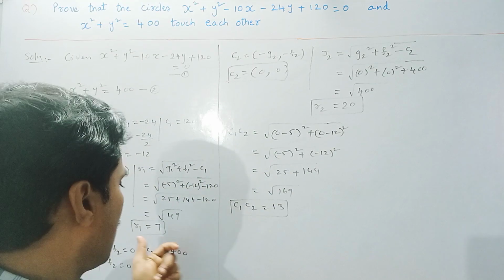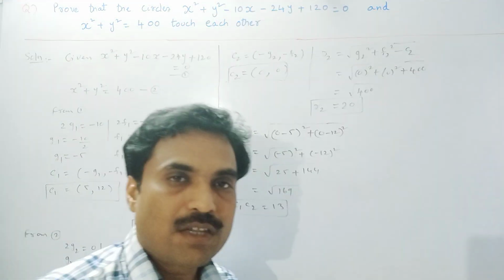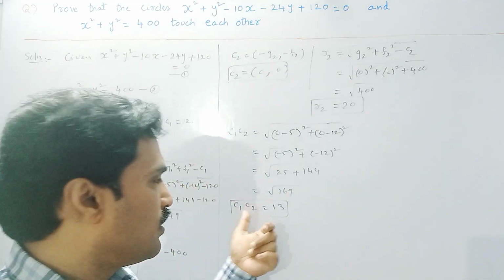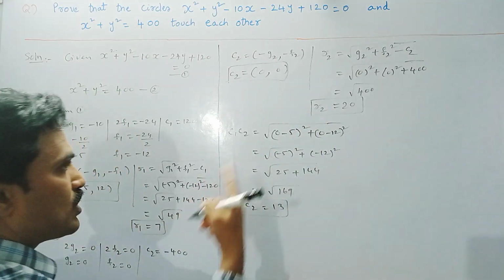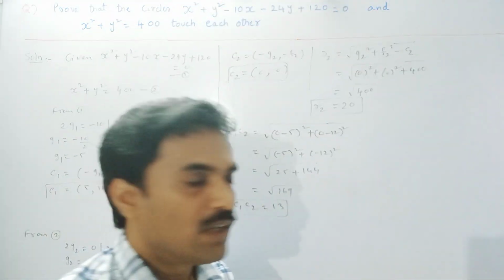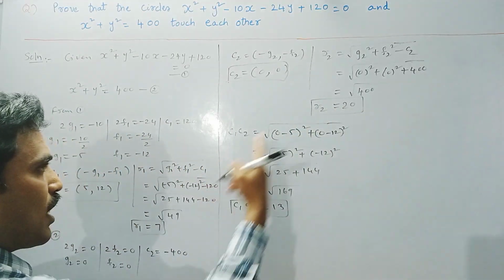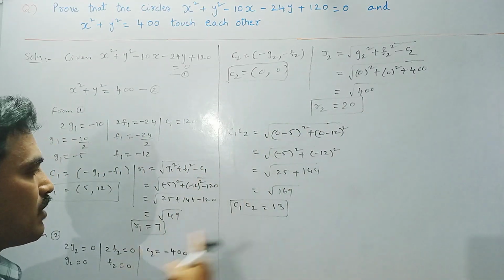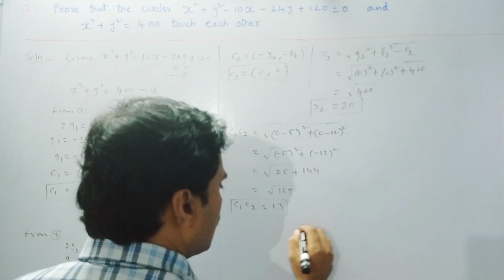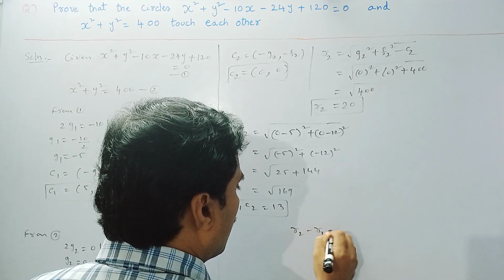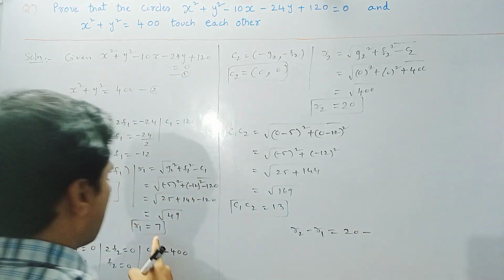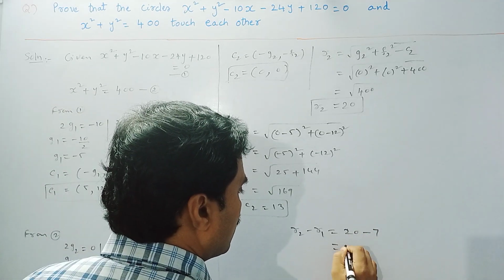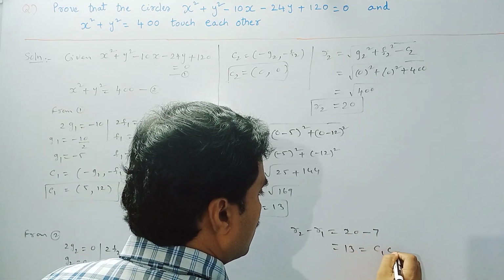Now we have to check the sum of radii or difference of radii, which is equal to this C1 C2. First we'll check the sum of radii. So 7 plus 20, 27, which is not equal to 13. Then we'll check the difference, that is R2 minus R1. So 20 minus 7, 13. So that is okay. So R2 minus R1 equal to 20 minus 7, that is 13, that is equal to C1 C2.